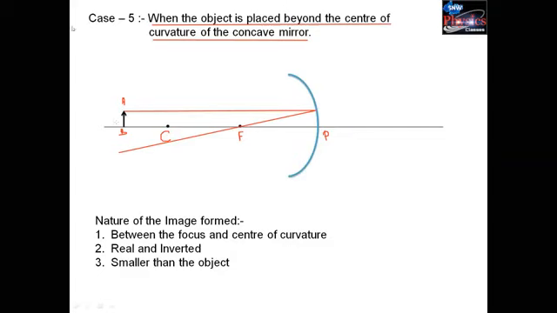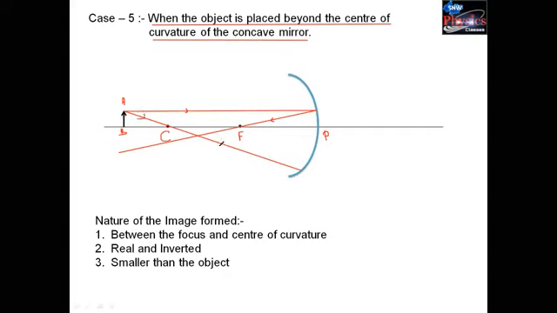Now again we have the second rule, that is, when a ray of light passes through the center of curvature, it is sent back in the same direction.